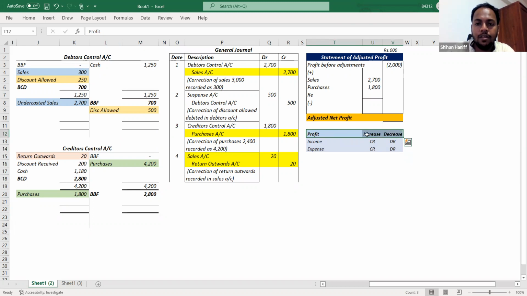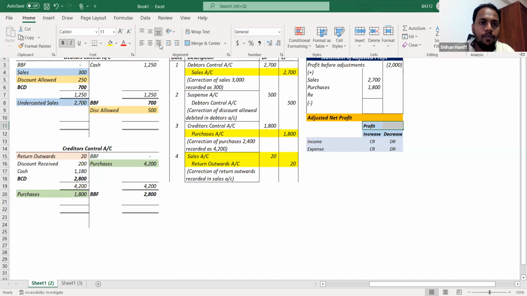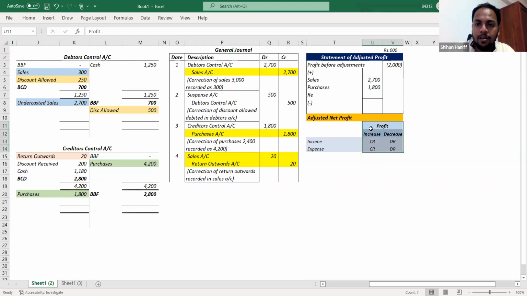Okay. Let me put it this way. It's confusing. This is what I have done. Now, is it clear? Profit increases when the income is credit, expense is credit. Profit will decrease when the income or expense is debit. Is it clear now?